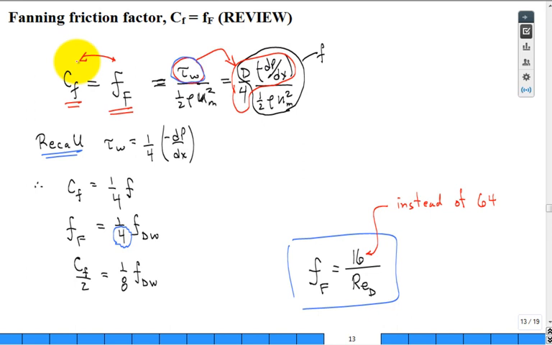But anyway, it's tau W divided by 1/2 rho U mean squared. This is the shear stress at the wall. We had worked that out for laminar flow. There it is. So when you do a little plug and chug, you find out that either the Fanning friction factor or the skin friction coefficient for internal flow, either way, is 1/4 the Darcy or the Moody friction factor.